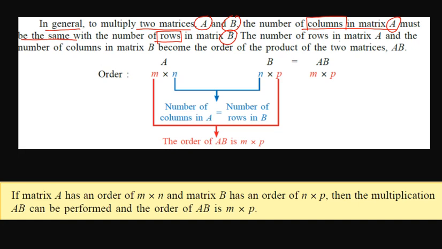The number of rows in matrix A and the columns in matrix B will become the order of the product. So what does it mean?